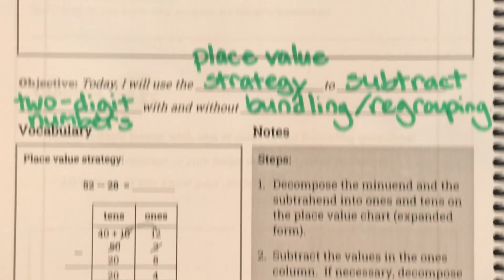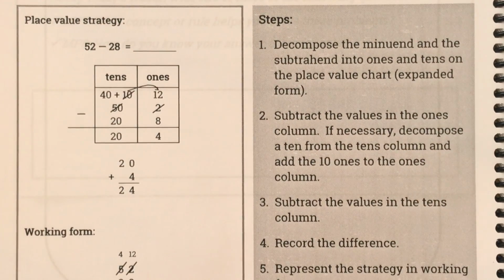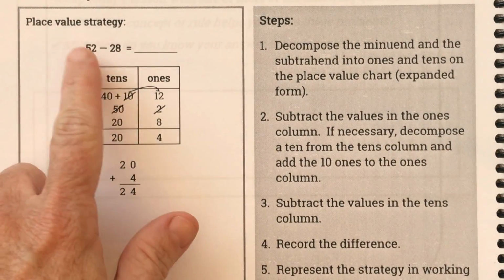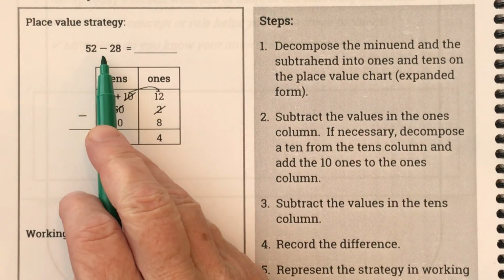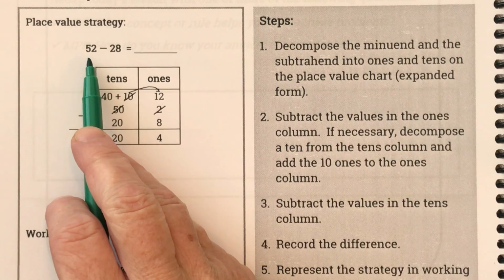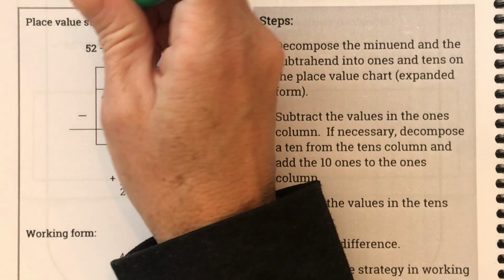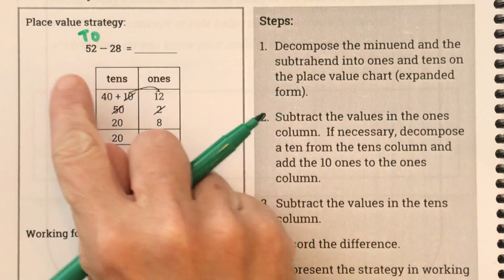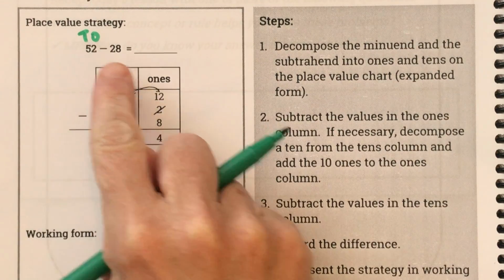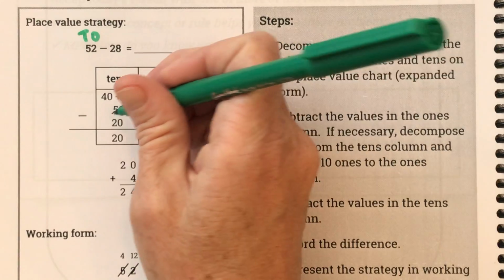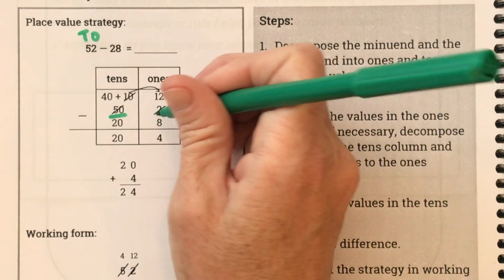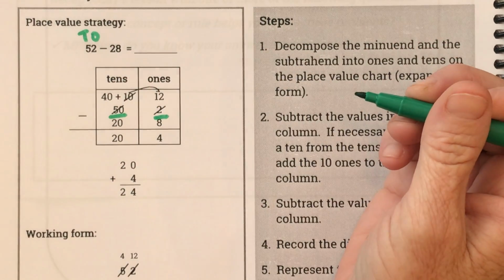Okay, so let's look at what this looks like since it's different today. It says place value strategy. Okay, so here is our equation, 52 subtract 28. So our minuend is 52, which means I have 5 tens and 2 ones. But instead of drawing the 5 tens and 2 ones, they said 5 tens is worth 50 and 2 ones is worth 2.